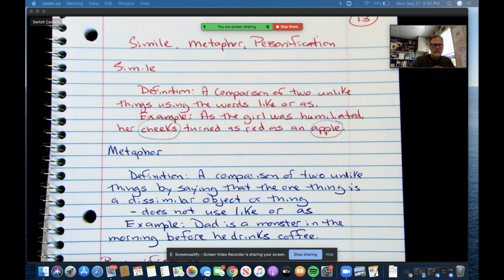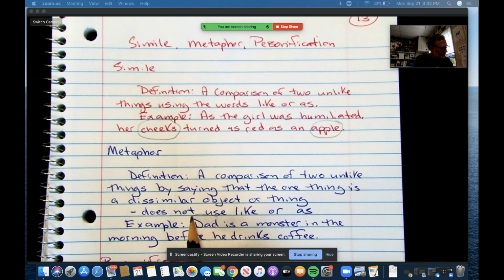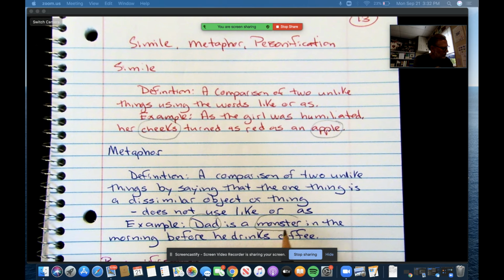So it's a comparison of two unlike things by saying that one thing is a dissimilar object or thing. It does not use like or as. So the example is dad is a monster. So it's comparing dad to a monster.